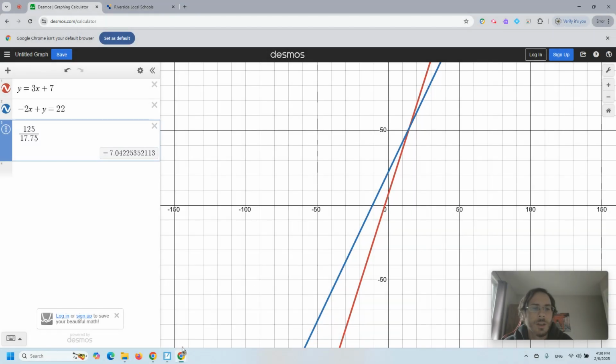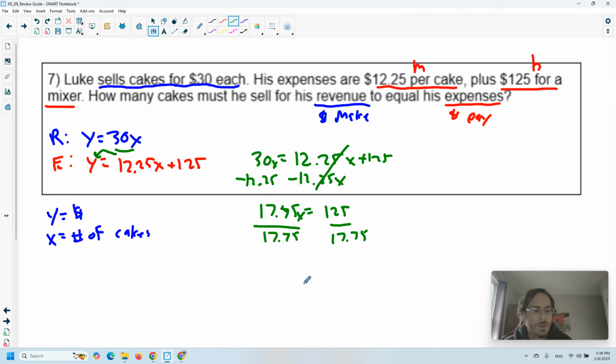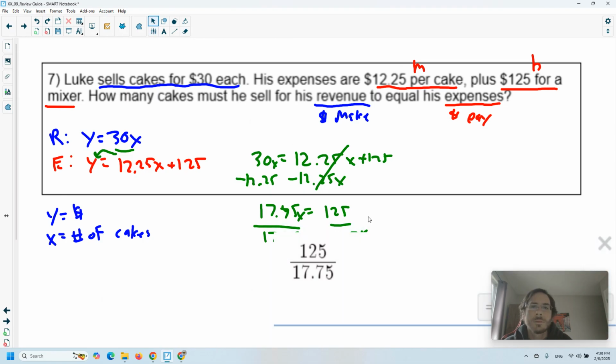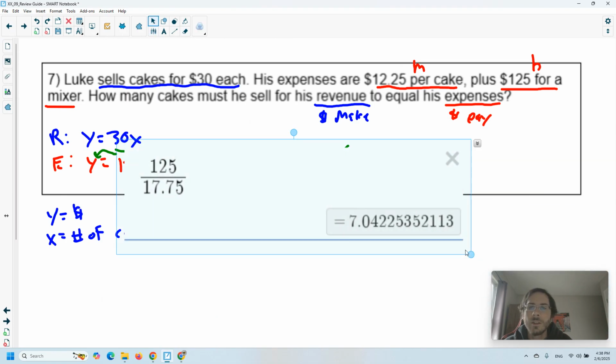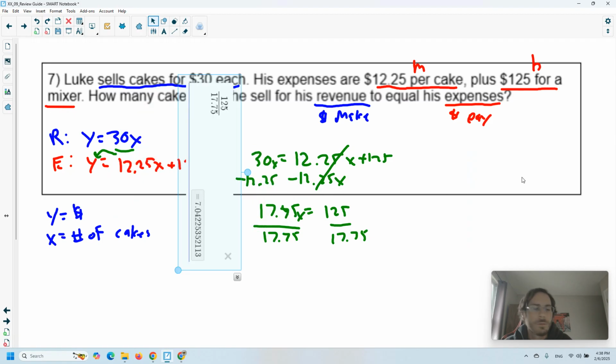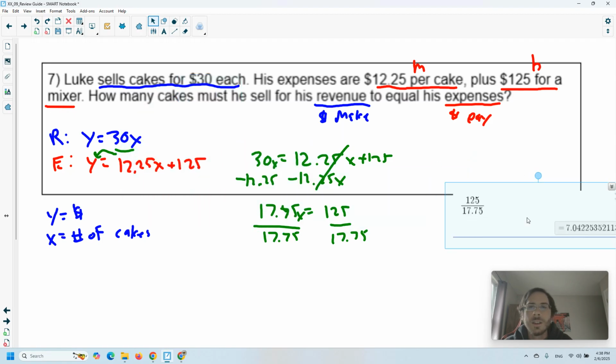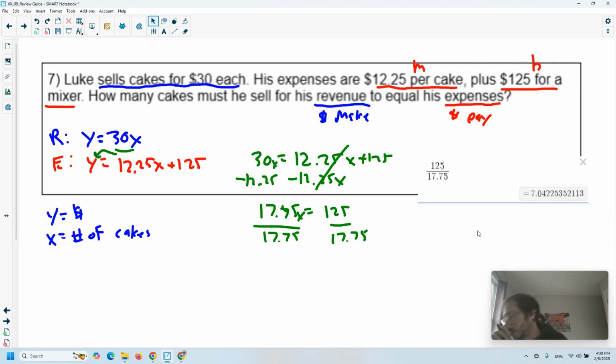Okay, so again, it's a real world problem, so we have to understand what this means. What this means is that he's got to sell 7.04 cakes. He can't sell 7.04 cakes. It's either going to be 7 cakes or 8 cakes.